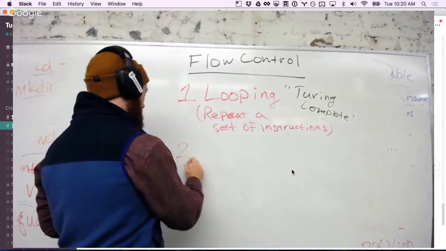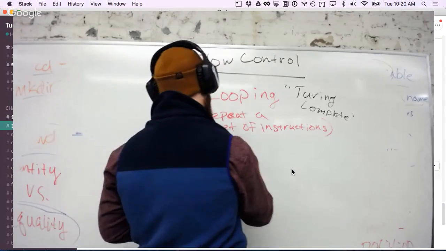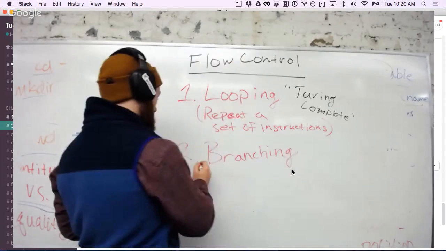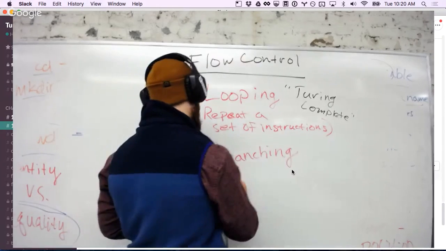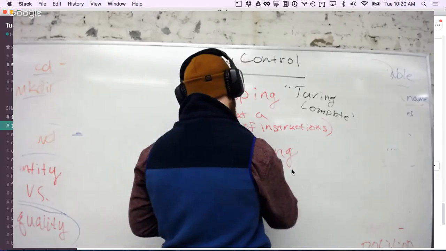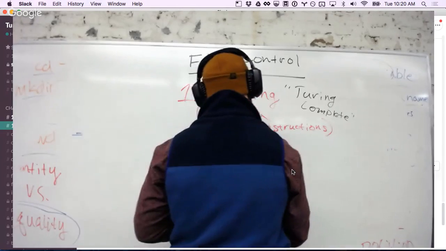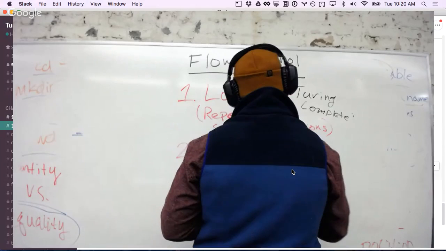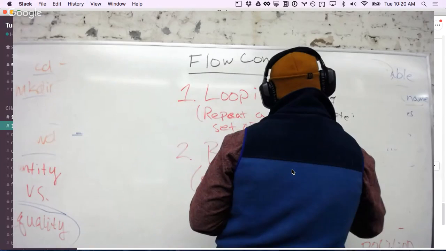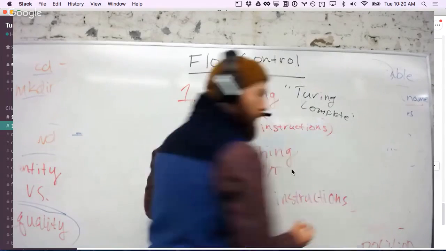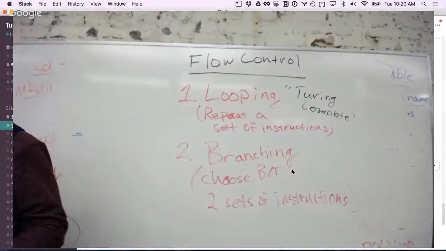And the second one is branching. We need the ability to choose between two sets of instructions. And those are really what we care about.